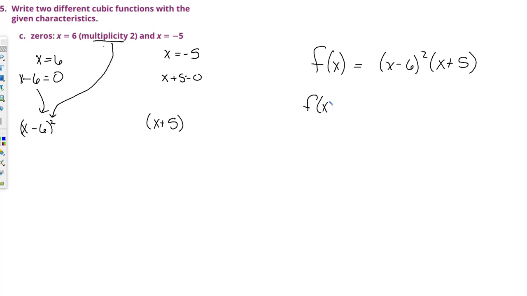So what's another function you could have written? Anybody give me another one? What about 2 in front of it? No, not plus. So that's another function.